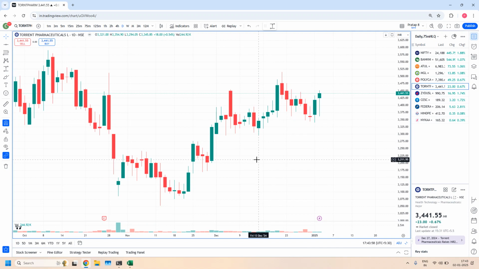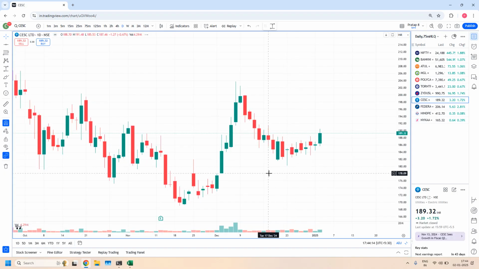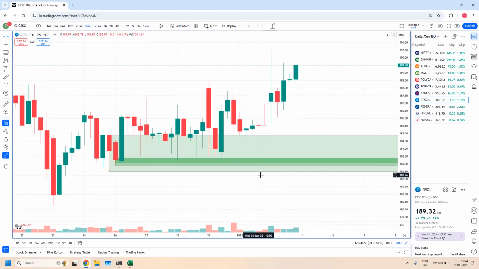And the Torrent Pharma. Torrent Pharma also we discussed earlier. And this one also did not enter into the fine-tuned area. Zydus Life we discussed, and CESC is a 75 minutes high liquidity zone. CESC, have we discussed earlier?